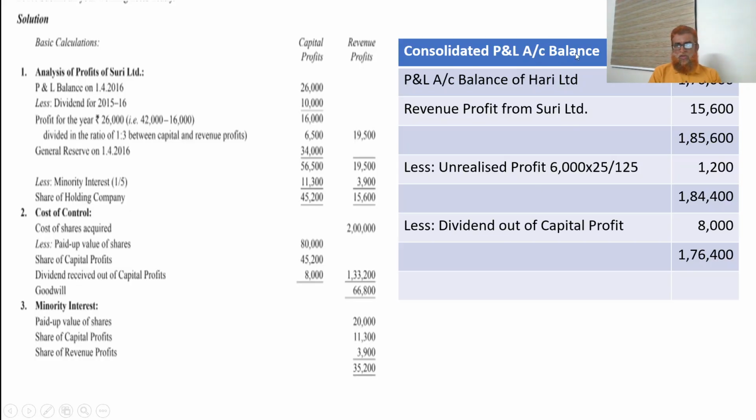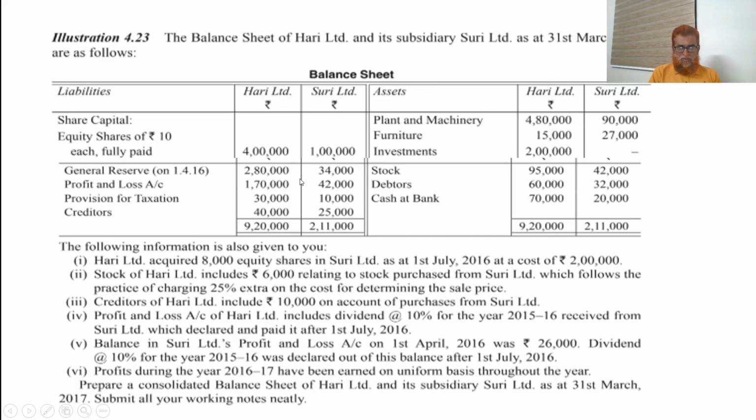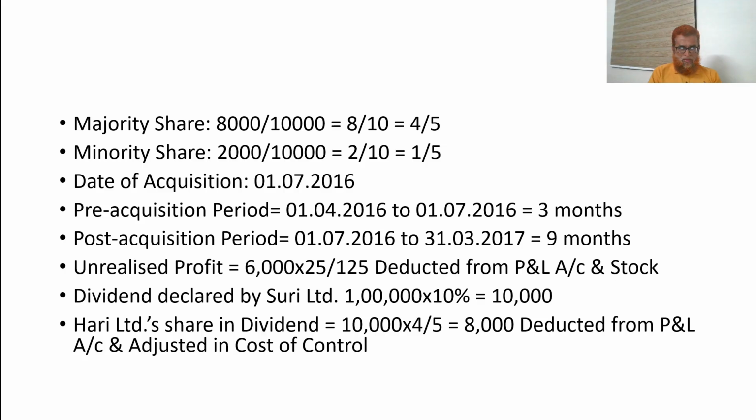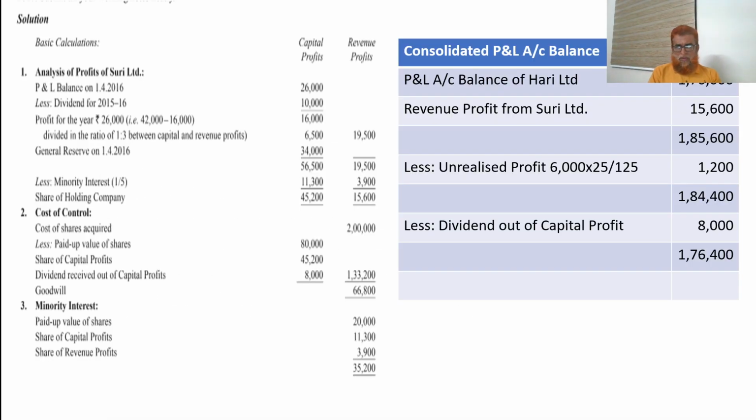Now consolidated profit and loss account. Profit and loss account of Hari Limited in the balance sheet is 1,70,000. See here, this one. Okay, then revenue profit from Suri Limited. See this 15,200 we have taken from here, revenue profit. This 3,900 we have taken to minority interest, and 15,200 we are taking to balance sheet. So 1,85,200.